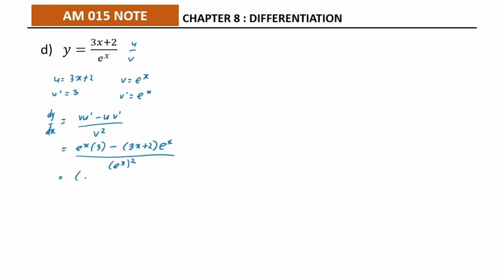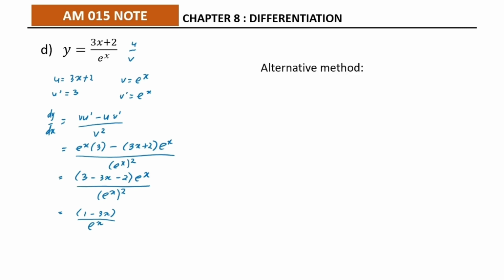Simplify, factorize e^x, we have 3 minus (3x plus 2) times e power of x over (e^x) squared. Simplify, 3 minus 2 is 1, minus 3x, and then e^x cancels with e^x. We have over e^x. So dy/dx equals 1 minus 3x over e^x.